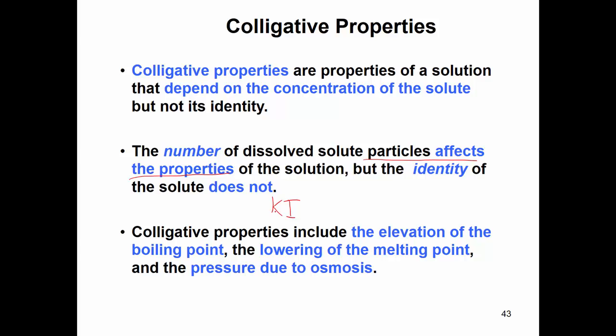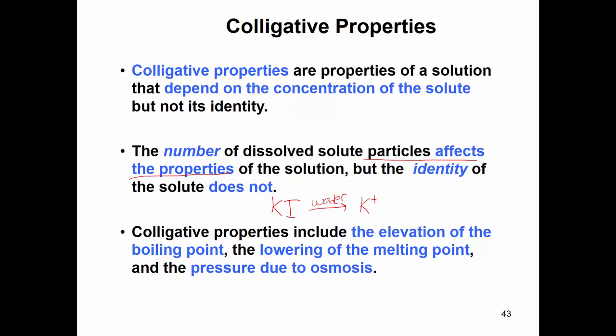In this situation, we have potassium iodide. This is an ionic compound. We discussed in previous videos that when we place potassium iodide in water, it dissociates into its constituent ions. So in water we have potassium ion.